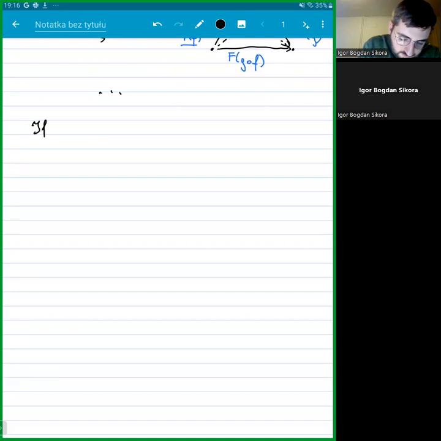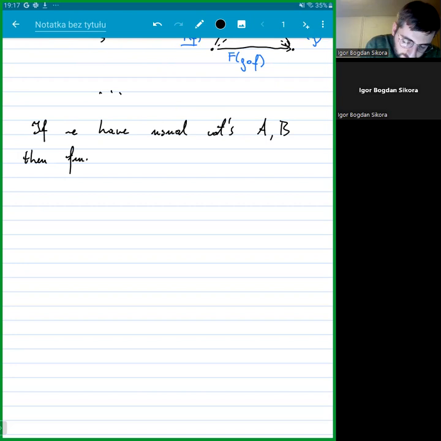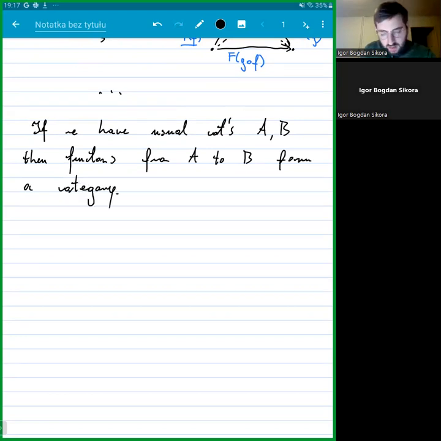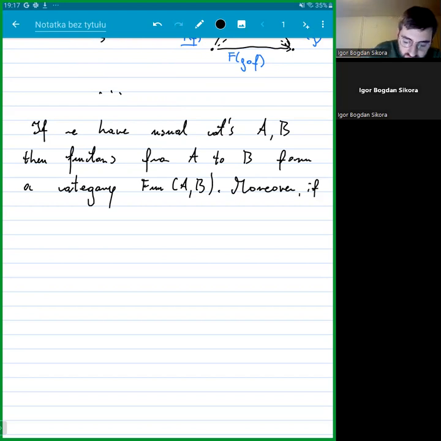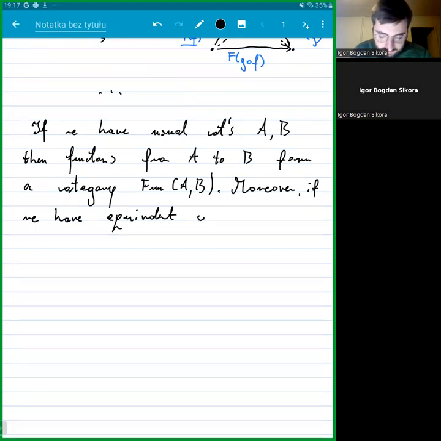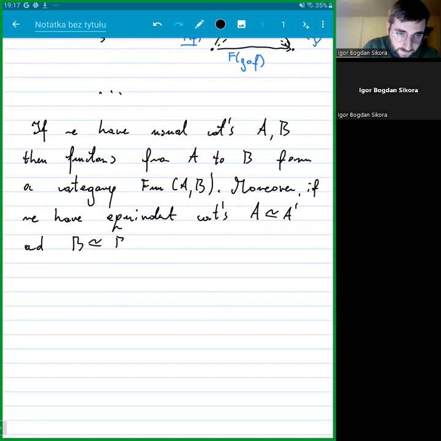Now, if we have usual categories A and B, then functors from A to B form a category, so let's write it as functors from A to B. And moreover, if we have equivalent categories, A equivalent to A prime and B equivalent to B prime, then the functor categories are also equivalent.